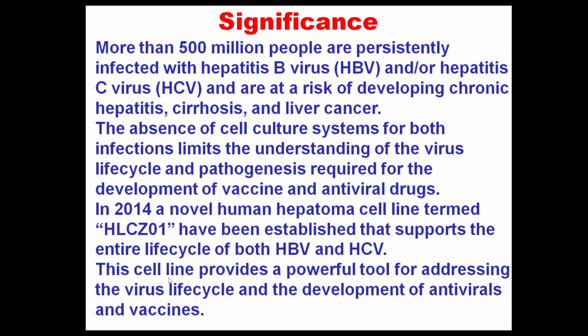This cell line provides a very good tool for addressing the virus life cycle and the development of antiviral drugs and vaccines. But this culture or these cell types are not really used in the routine diagnosis of hepatitis virus infections.